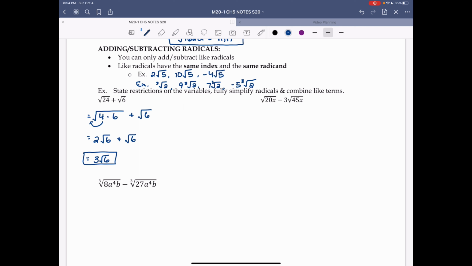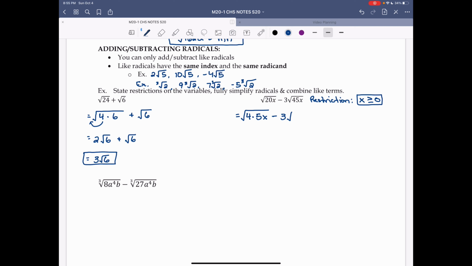Square root 20x minus 3 times the square root of 45x. Our restrictions: we have x under each root and they're square roots. So we'd say that x has to be greater than or equal to 0. What's the biggest perfect square that divides 20? It would be 4. 4 times 5x minus 3.